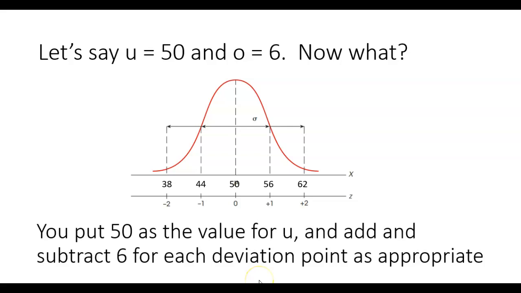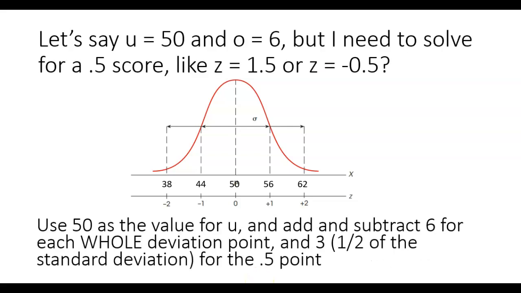Easy, right? Well, what happens when the question's asking you about half ranges, right? Like, what if I'm trying to solve for a score that's like a plus 1.5 or a negative 0.5? So to do these half z values, what the 0.5 means is that you are looking at half of a standard deviation.